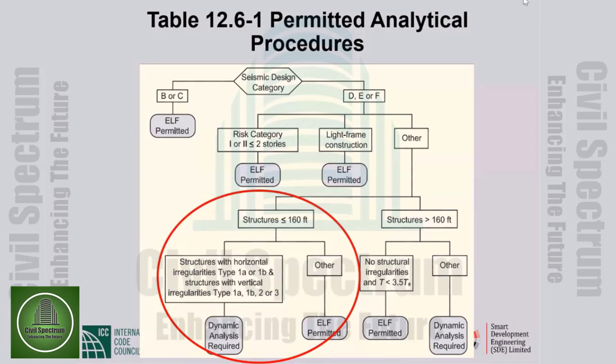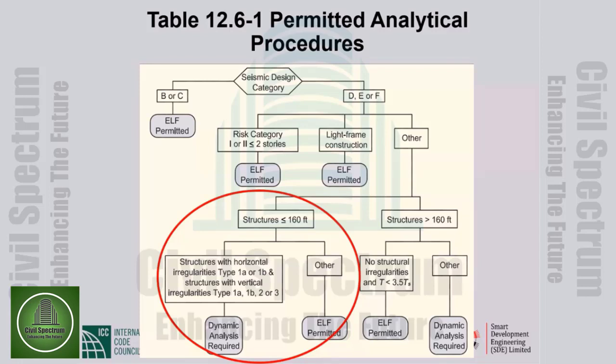Okay, I went over this yesterday. The important thing is, for seismic design categories B and C, dynamic analysis is never required. Design categories D, E, and F, if it is a tall building more than 160 feet of height, ASCE 7-05 will allow equivalent lateral force procedure only if the structure has no irregularity and if the period is less than 3.5 times the transition period, which is about half a second.